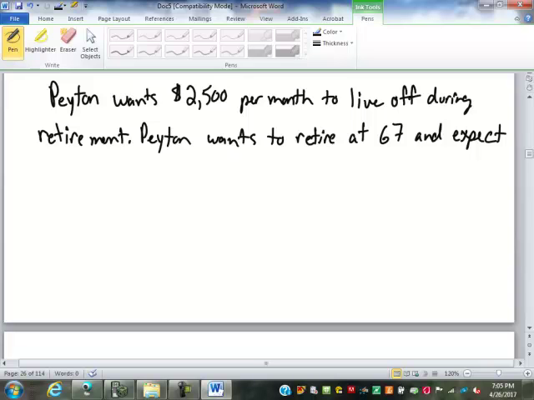Peyton wants to retire at 67 and expects, hopes, whatever, to live to 85 at 6.9% interest.